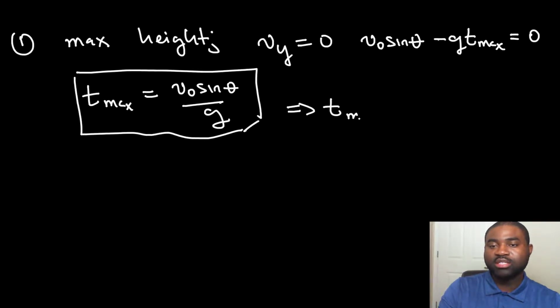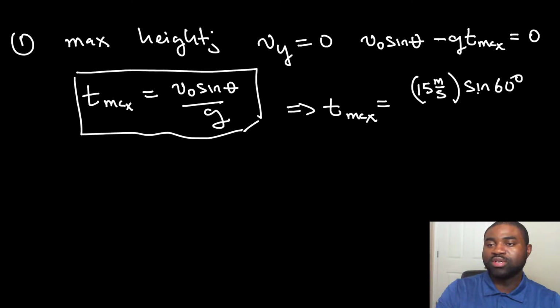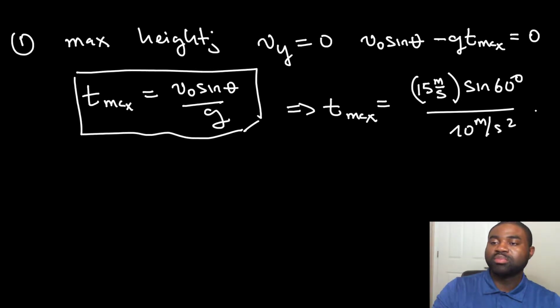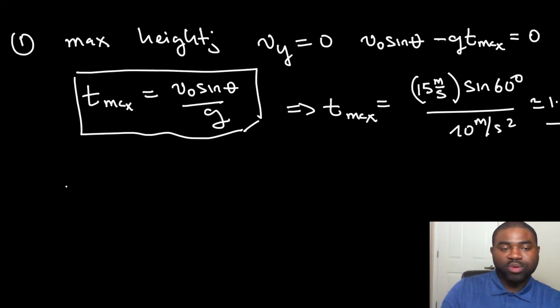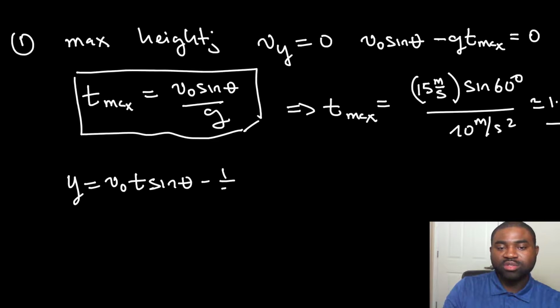So our time to reach maximum height becomes 15 meters per second multiplied by the sine of 60 degrees divided by 10 meters per square second, and this will give you about 1.3 seconds. So we will use that 1.3 to substitute it in the equation y equal to V naught t sine theta minus 1/2 gt squared.